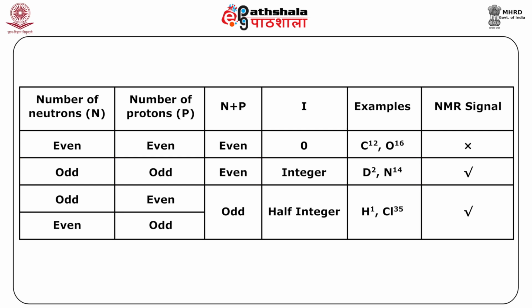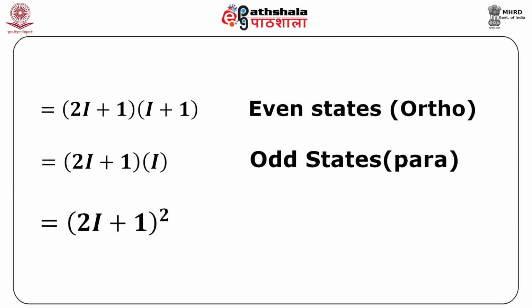If both the number of neutrons and protons are odd, so that n plus p is even, as is the case with deuterium and nitrogen 14, then the nuclear quantum number would be an integer. And if n plus p is odd, then it will be half integer, as is the case in hydrogen atom H1 or in Cl35.